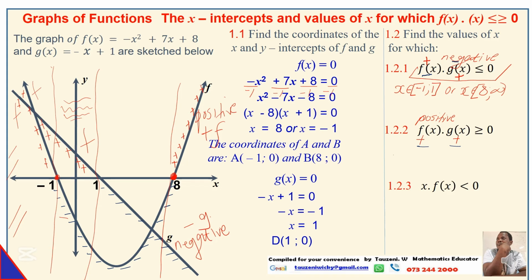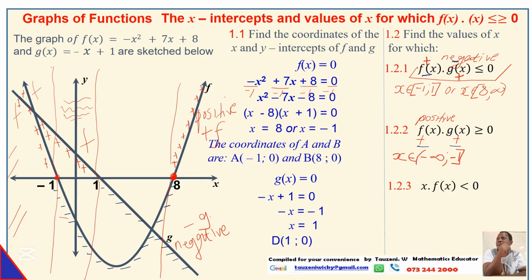And if you look, it is happening on our grid from negative infinity, if you check on the left, up to negative 1. From negative infinity up to negative 1, both graphs are positive.